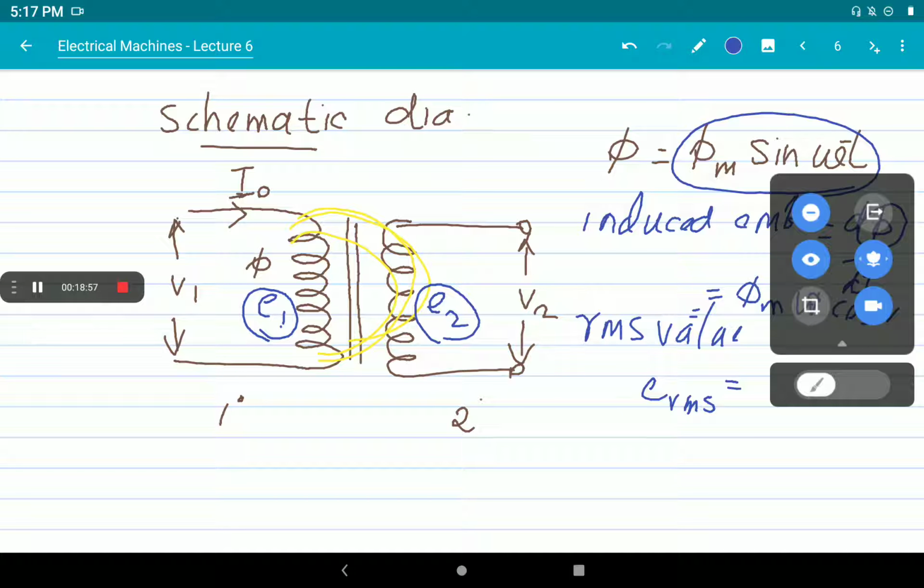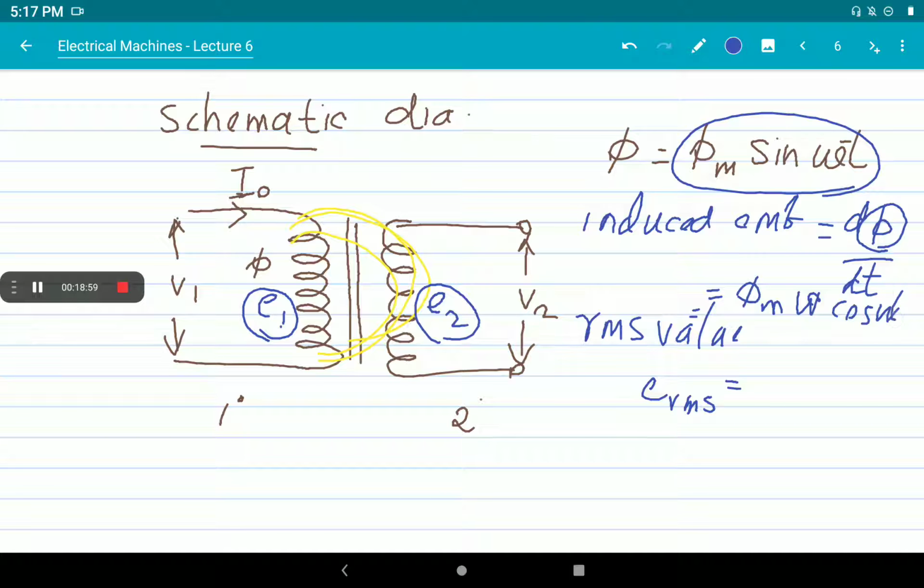Did you understand? That is, according to Faraday's law, the induced EMF is d phi by dt. Then we know the value of phi is phi m sin omega t. Substituting phi m sin omega t in this equation, d by dt of phi, you will get the differential of phi m sin omega t as phi m omega into cos omega t.